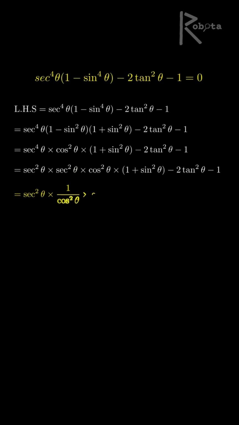Now the expression becomes sec²θ times (1 over cos²θ) multiplied by cos²θ multiplied by (1 plus sin²θ) minus 2 times (tan²θ minus 1). Now simplify the fractions. The cos²θ in the numerator cancels with the cos²θ in the denominator. So we are left with sec²θ multiplied by (1 plus sin²θ) minus 2 times (tan²θ minus 1).